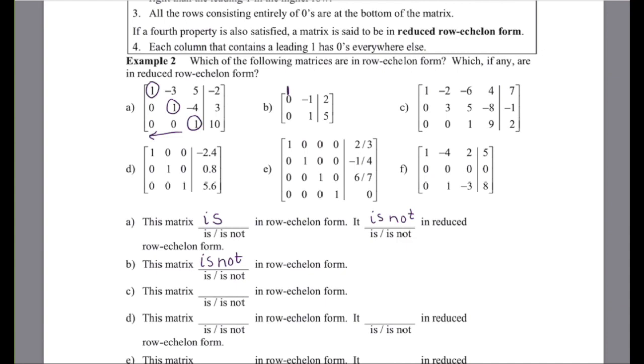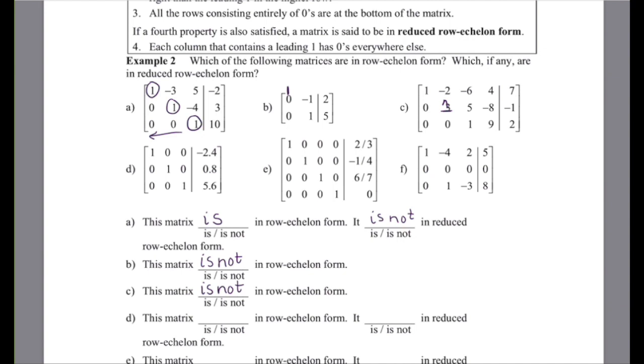And since it's not in row echelon form, it's not even close to being questionable if it's in reduced row echelon form. Part C, I have the zeros in the right location, but this value here needs to be a 1 in order for it to be in row echelon form. So this is not in row echelon form, and since it's not in row echelon form, it cannot possibly be in reduced row echelon form.